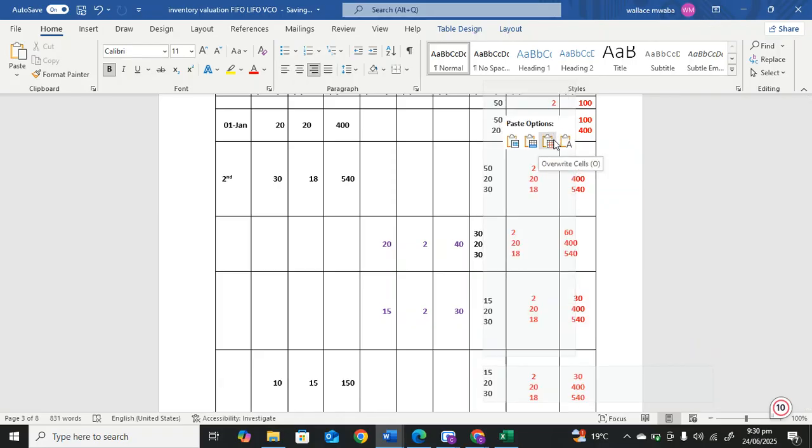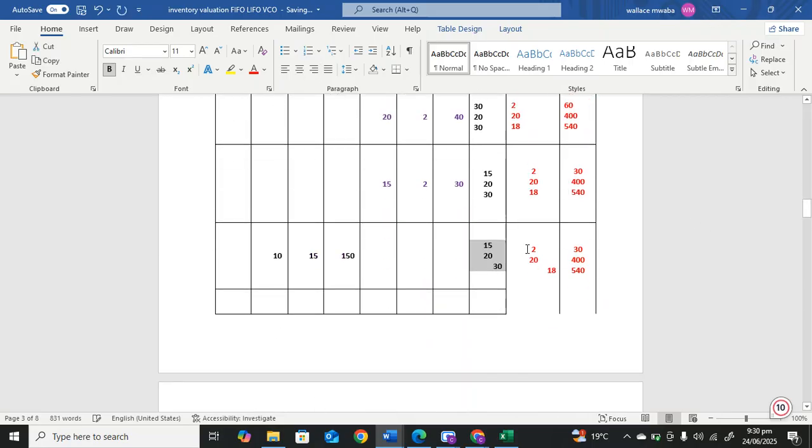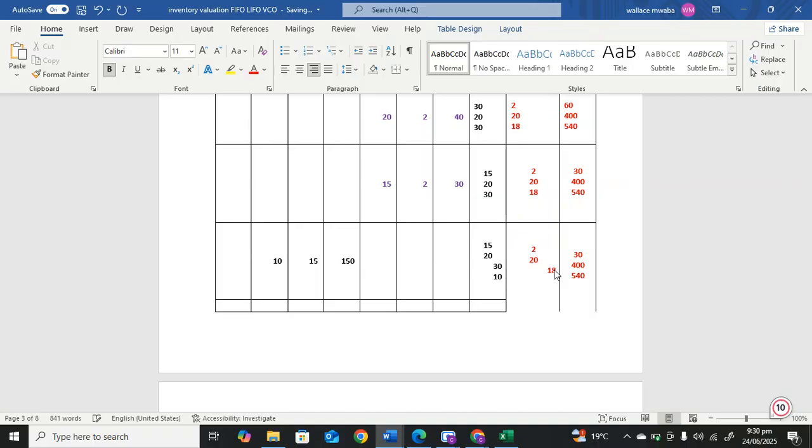So here on the balance part, we're going to include these 10 units valued at 150.